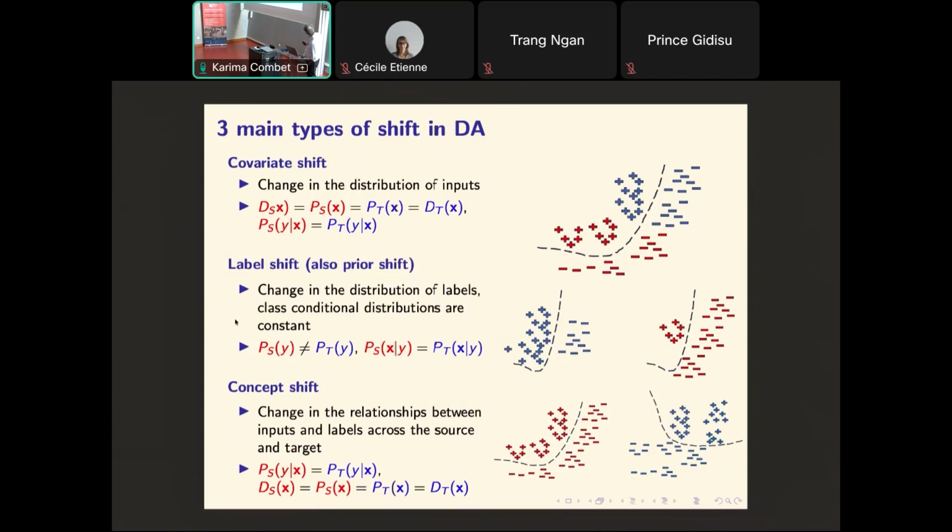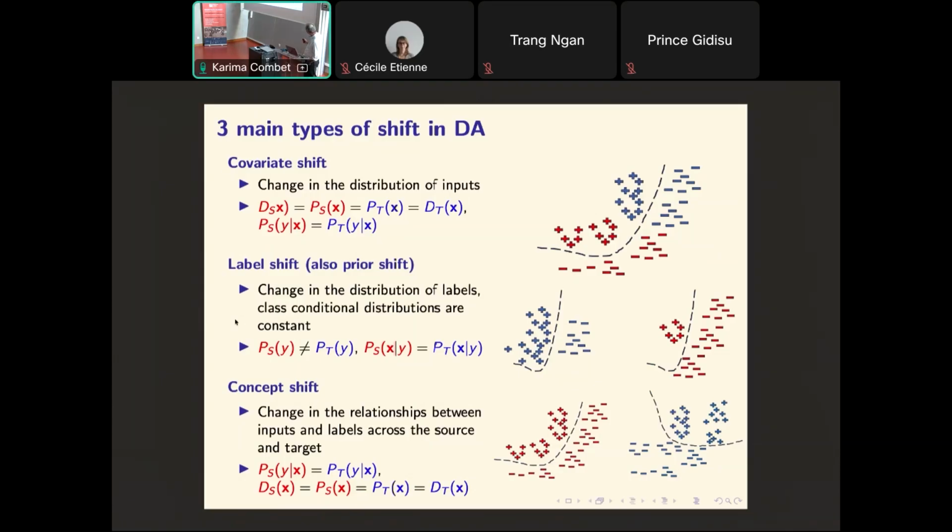The distribution of the source and target are different, but the task, the concept to be learned, is the same. So the source and target share the same concept, the same task, but the distribution of data do not occur in the same place because we have a shift in the marginal distribution on the instance space.